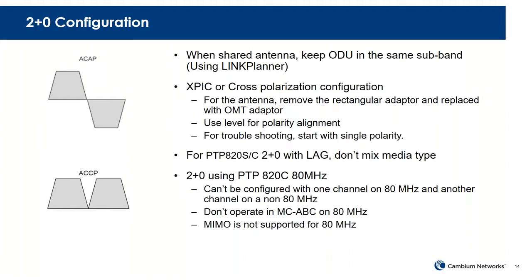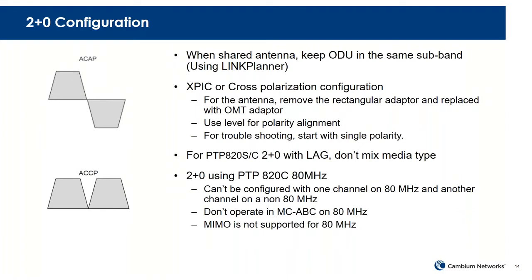The other thing is that for XPIC or cross polarization configuration, some customers very often forget to remove a rectangular adapter from the antenna. Inside the antenna, there usually comes a rectangular adapter, and that rectangular adapter makes it so that the antenna only allows one polarization.